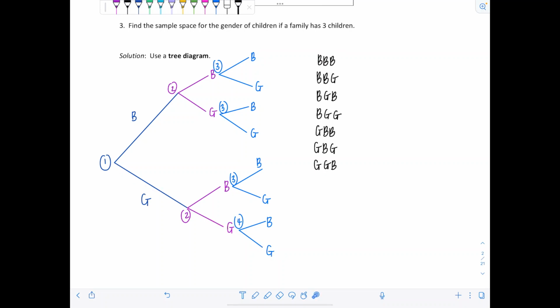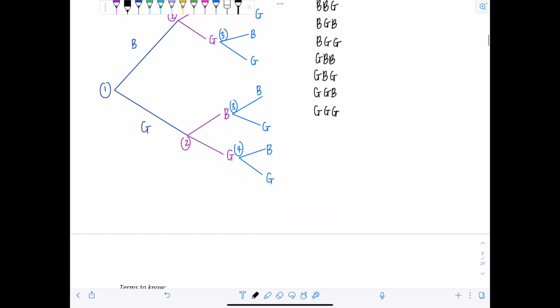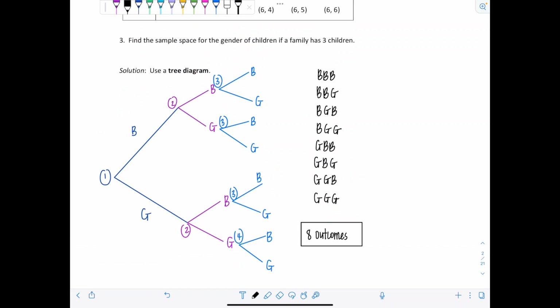Girl, girl, girl. So this is the sample space, okay? If you want, you could put it in set notation. How many outcomes are there? 1, 2, 3, 4, 5, 6, 7, 8. 8 outcomes. Okay, very good. We'll refer back to this example later, okay? So just kind of keep it in mind.